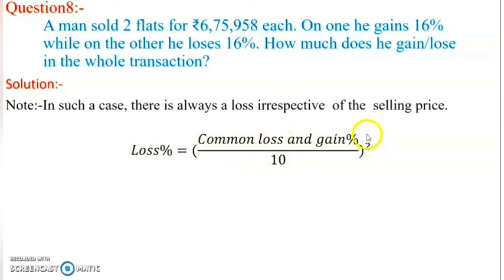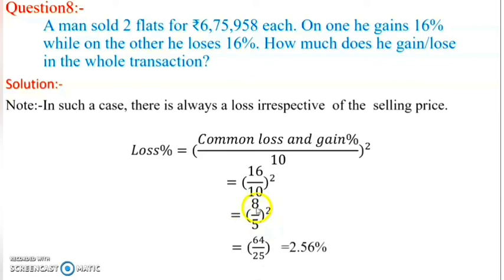Here the common loss and gain is 16%, so this will be (16 upon 10) whole raised to 2. Since both the numerator and denominator are divisible by 2, I can simplify it as (8 upon 5) the whole square, which comes to be equal to 64 upon 25, which is equal to 2.56%. So the man will be at a loss of 2.56%.